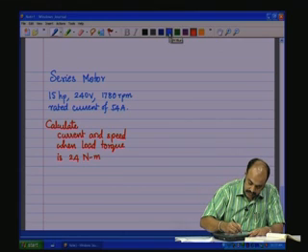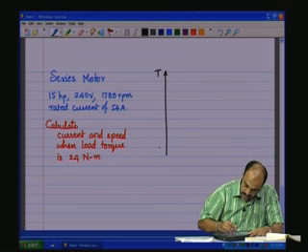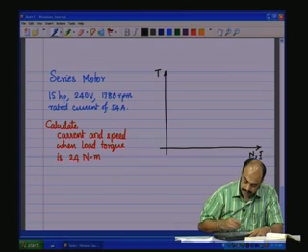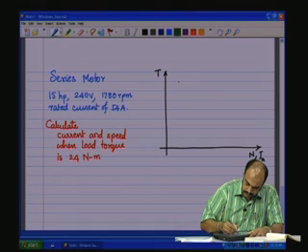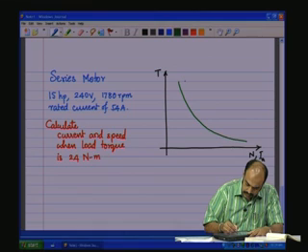looks like this. This is torque, and on the x axis you have the speed n and also the IA. So, the torque speed curve, this is torque versus speed.